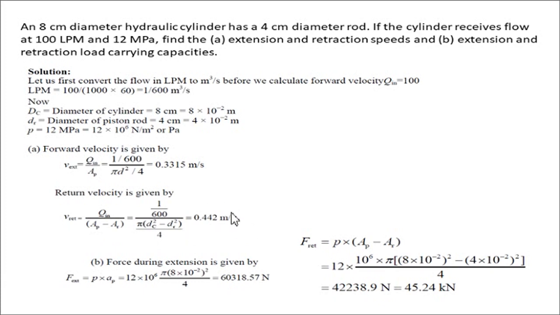So this will give you a velocity of 0.422 meter per second during retraction, and during the extension stroke you get a velocity of 0.3315 meter per second. Since the discharge is the same during extension as well as retraction, just because of the effective area difference, you get the difference in the velocities during extension and retraction.